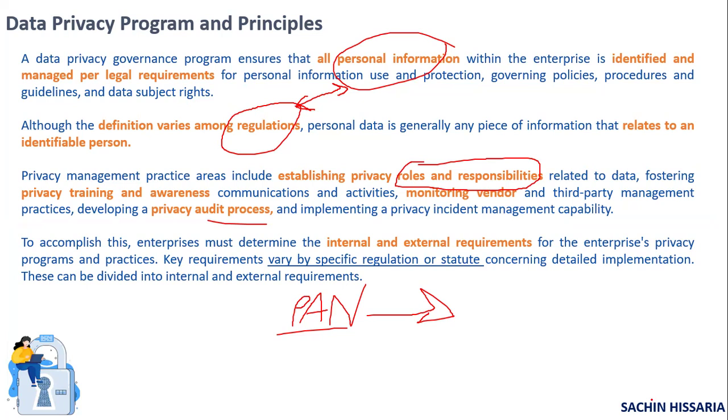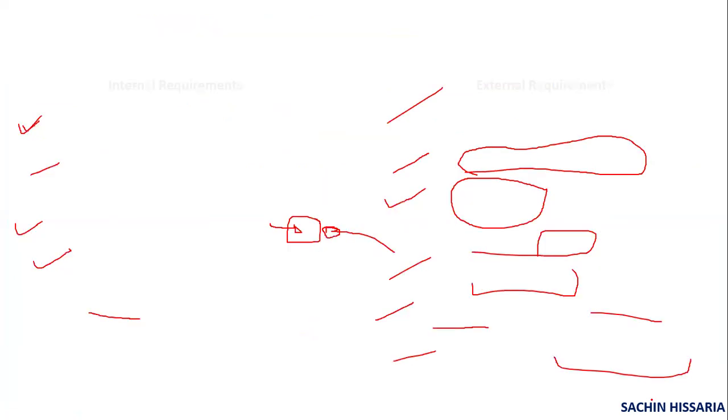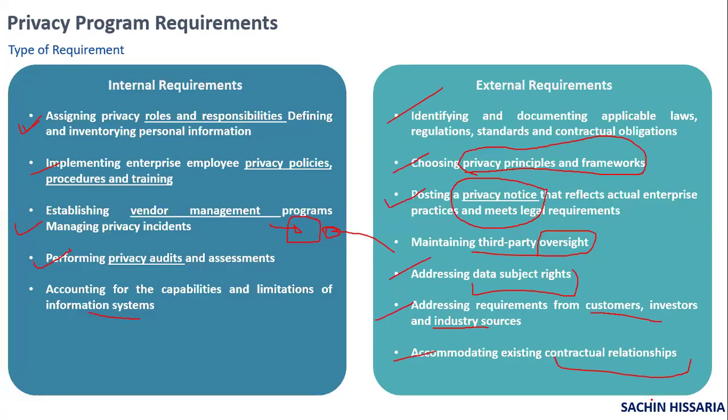Then the company needs to document roles and responsibilities for certain tasks: who will do the training and awareness, who will monitor vendor activity, who will develop the privacy audit process, who will manage the privacy incident. Those roles and responsibilities need to be documented, and then we discussed certain internal and external requirements.